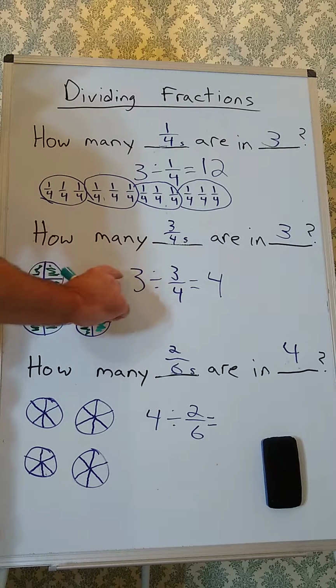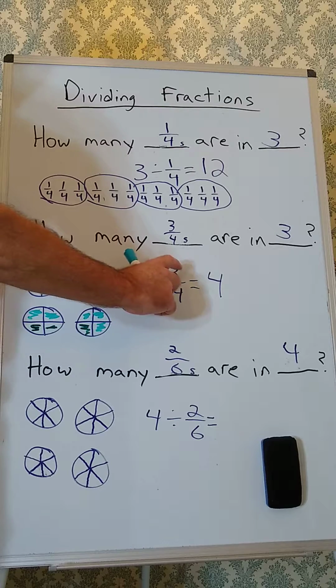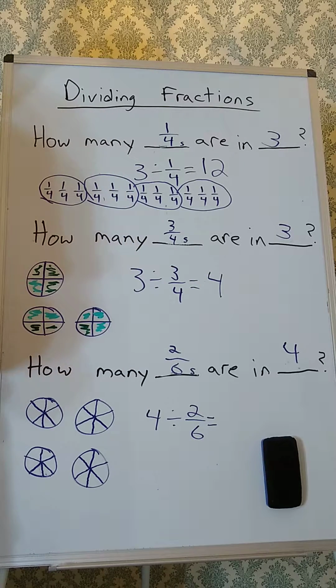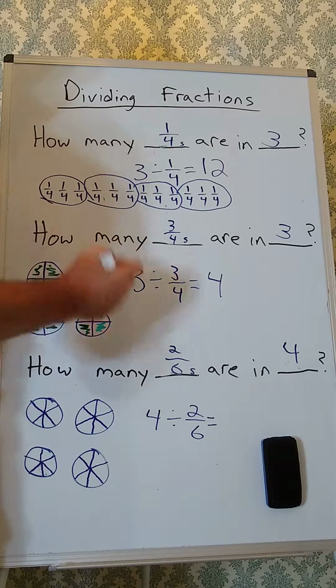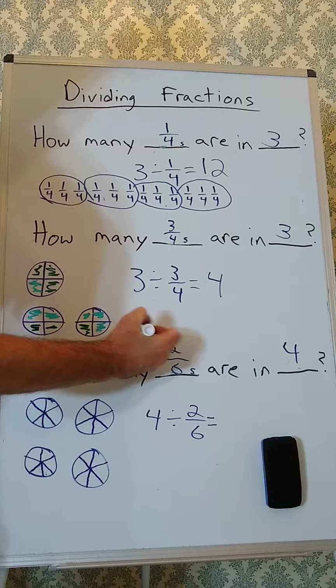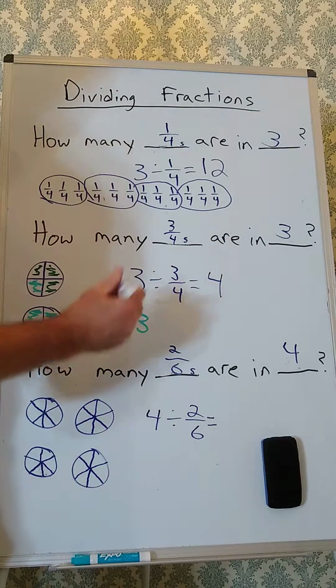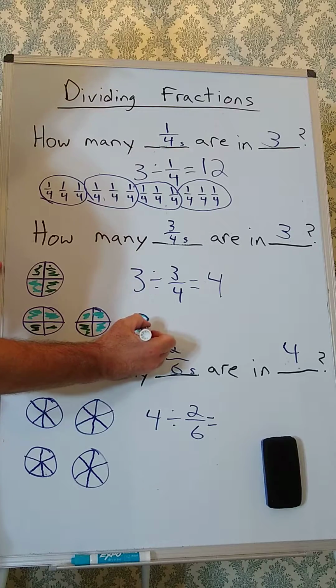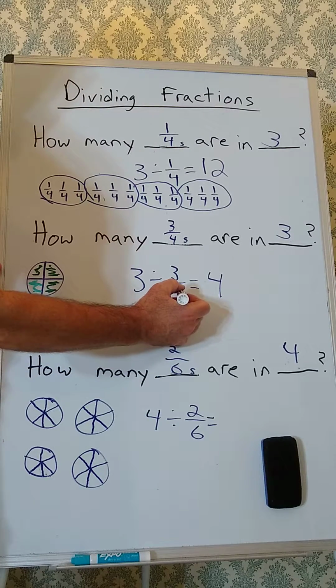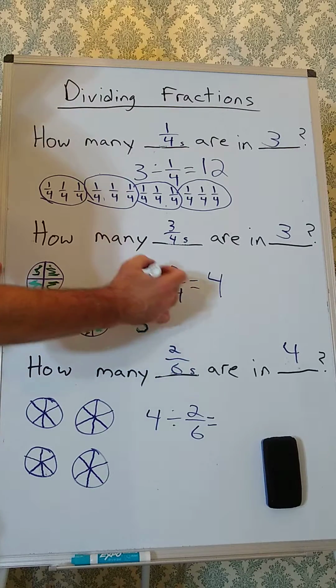Okay, so what's going on here? Well, if we're doing 3 divided by 3/4, first we could just ask, how many fourths are in 3? And we get that by multiplying 3 by 4, because there are 4/4 in each whole.